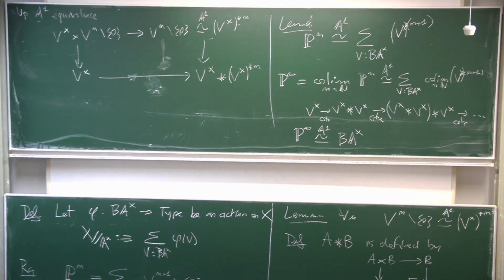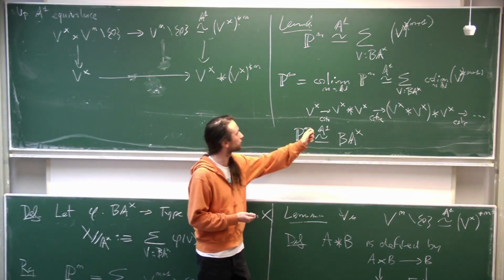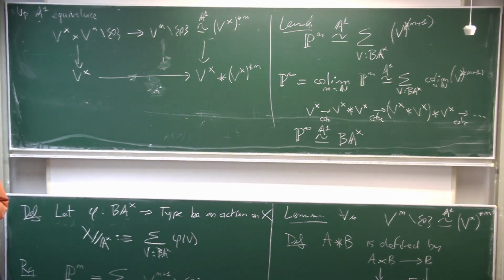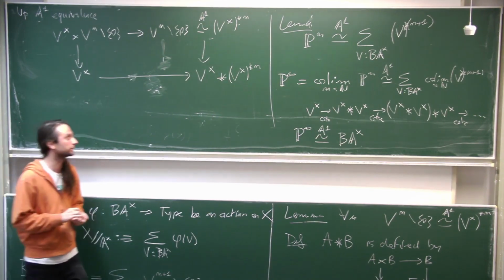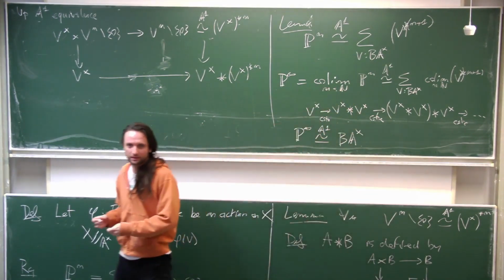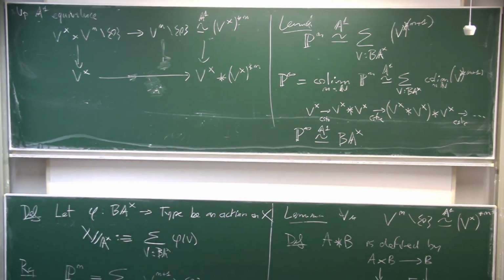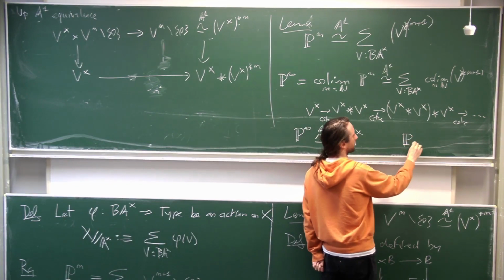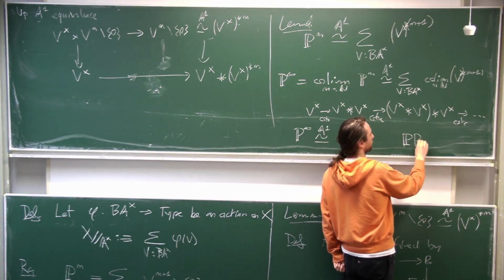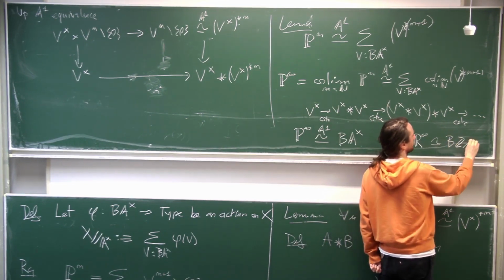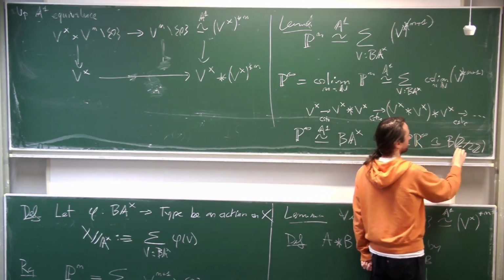One thing which I think is a bit interesting is that if we think about what we used about A1 times, we used relatively little. For example, if we were to start with Z over 2Z as a group rather than A1 times, we could carry out a similar construction and would end up with something that could be interpreted as saying that the real projective plane at infinity is equivalent to B of Z over 2Z.